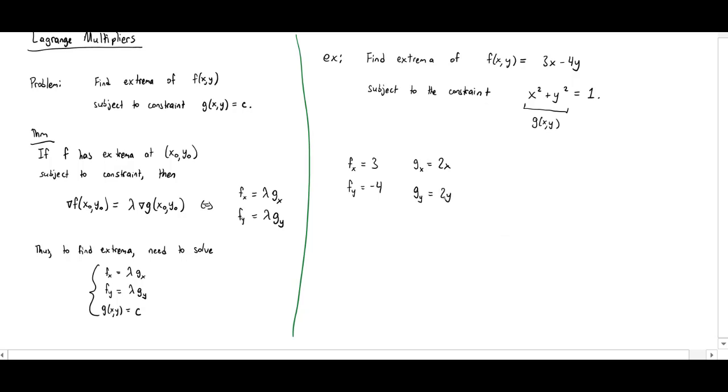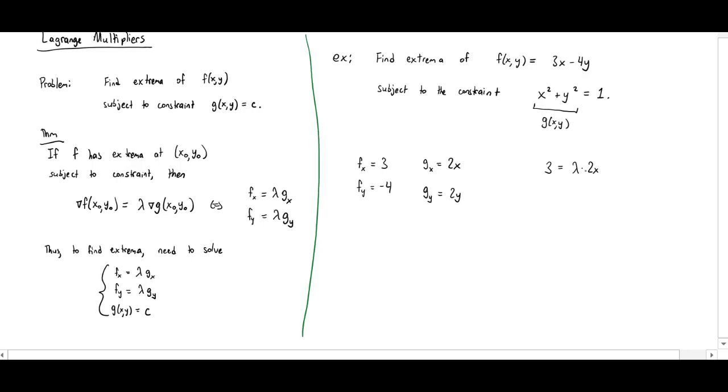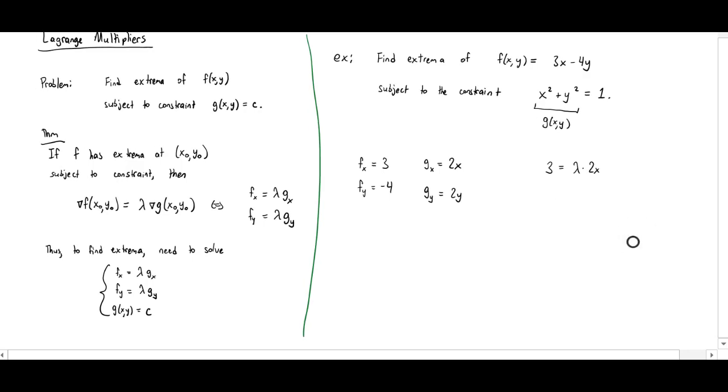So right now what we have is fx, so 3, should be lambda times gx. And similarly, fy, negative 4, should be lambda times gy. And then we have the constraint equation as our last equation.